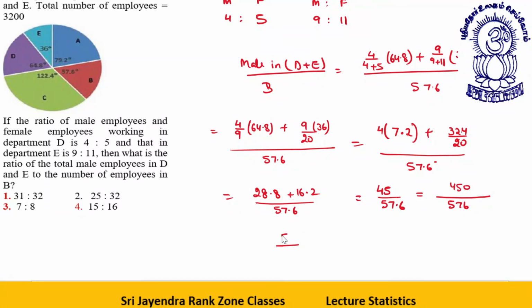If I cancel by 9, this becomes 50, and 576 becomes 64. So 50 by 64, or further you can say 25 by 32. Do we have any such option? Yes. Option 2 is your answer. All clear, my dear students?